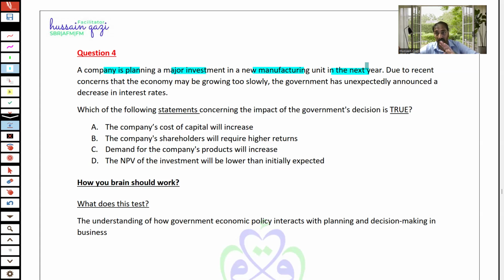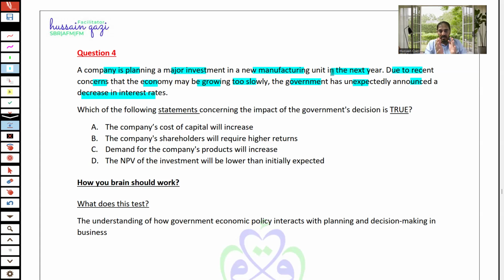Listen carefully, very good question. Due to recent concerns that the economy may be growing too slowly, the government has unexpectedly announced a decrease in interest rates. Once again, the company is planning a major investment in new manufacturing in the next year.